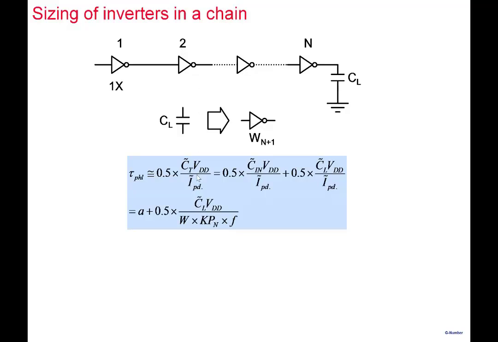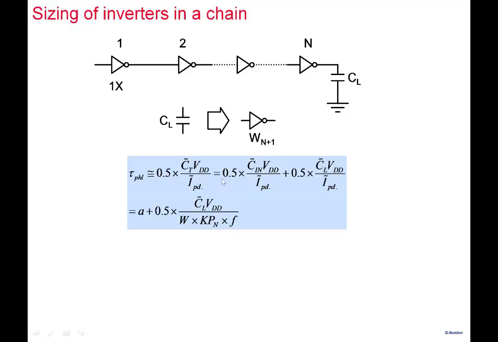So if I look at this expression, I can break the capacitive load of any inverter into 2 parts. One is the intrinsic load of that particular inverter, the load coming from the inverter itself, and the other one is the load coming from the next stage, whatever is connected to it. So we can break this into 2 parts.